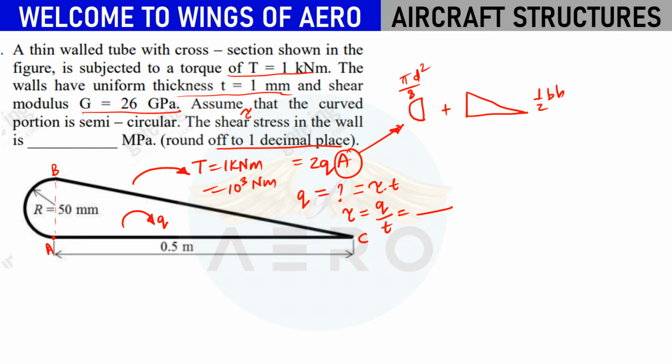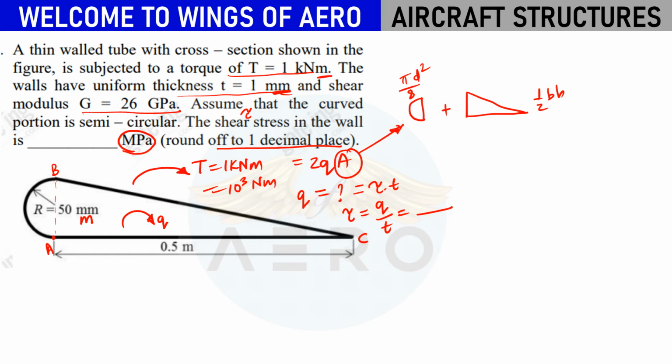Here radius is given 50 mm. So again you need to convert that in terms of meter. And here one more thing, the answer they have asked in terms of megapascal. Okay, so accordingly you have to find out the result. Here also mm, here they have given meter, here they have given gigapascal.